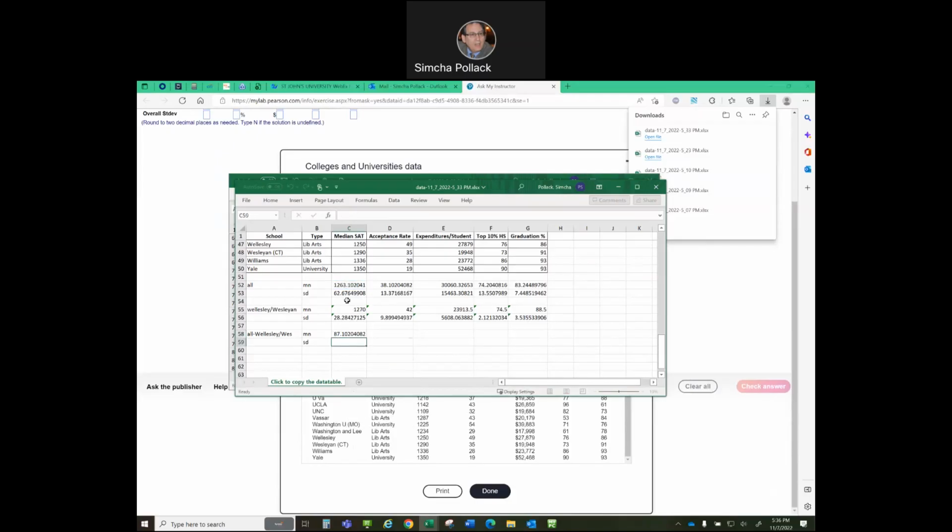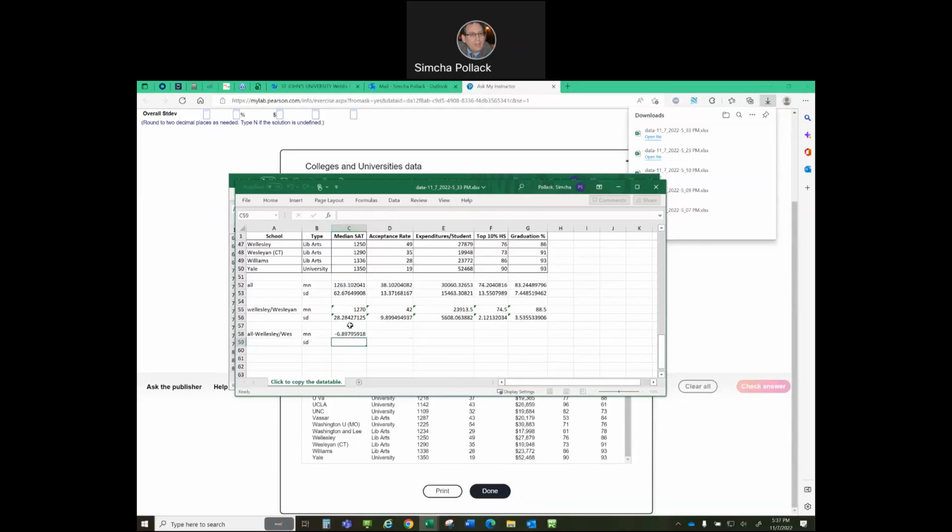And the difference is 1263 minus 1270, is, sorry, my mistake. This is C52 minus C55. So this, take away that, is minus around 7.